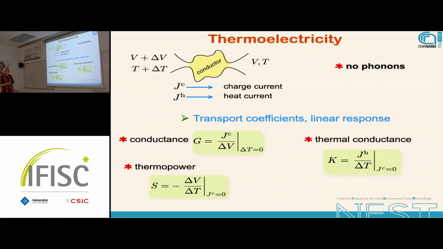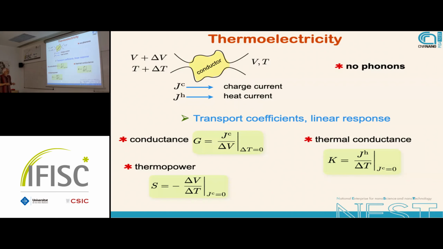Let me introduce the transport coefficients in the linear response, and we will see in the next slide why I introduce them. First, the conductance, which we are all familiar with, which is the charge current divided by the voltage at equal temperature. The second coefficient is the thermopower, which is related to the voltage which appears at the ends of this conductor when a temperature difference is applied.